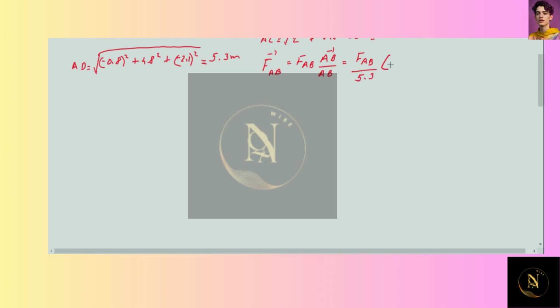And vector AB will be minus 0.8 I plus 4.8 J plus 2.1 K. So K is the Z direction component, J is the Y direction and I is the X direction component.